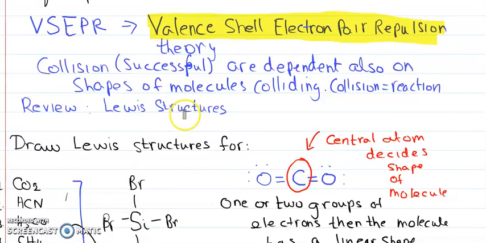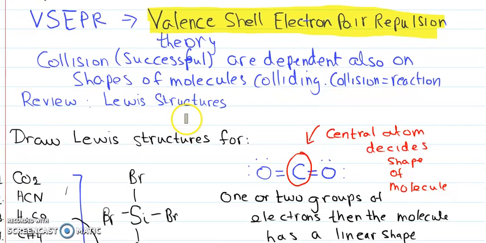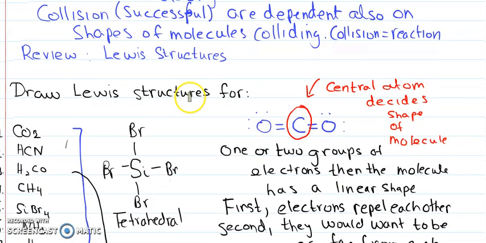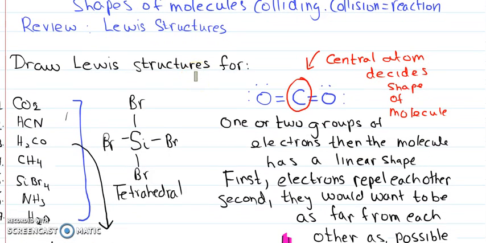Okay, what I did after this, really quickly, was I asked the students to take 14 minutes, 2 minutes for each question here, and I asked them to draw Lewis structures. And Alisa, Brittany, and Paula, if you're wondering why I asked them to draw Lewis structures, it was mainly because it helps us determine the shape of the molecule, and you'll see why.